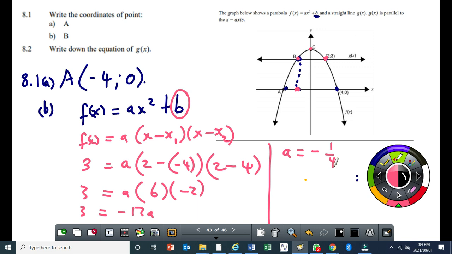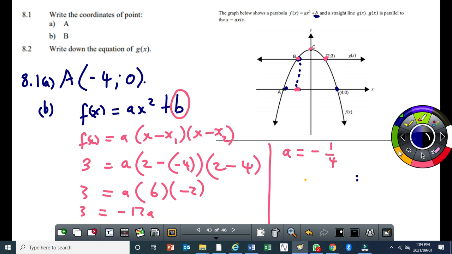Then now I need to determine the value of b. Right. So to find b, I can just go back and substitute the value of a here. Substitute x1, substitute x2, and then use FOIL.